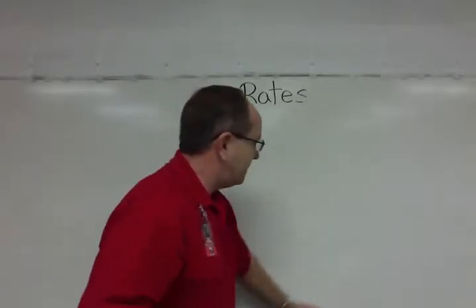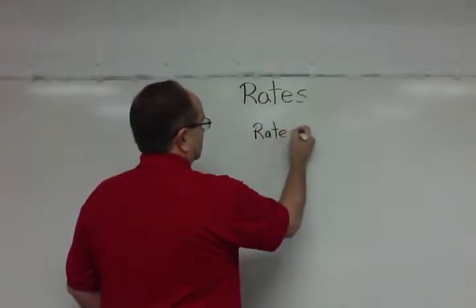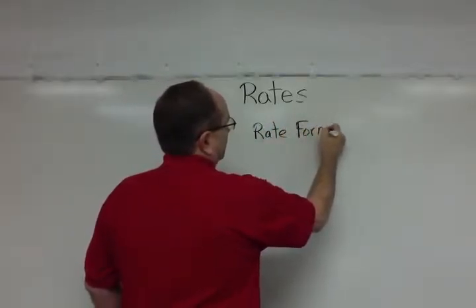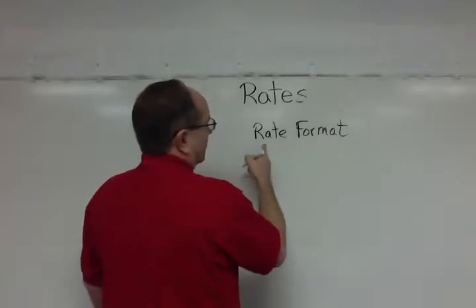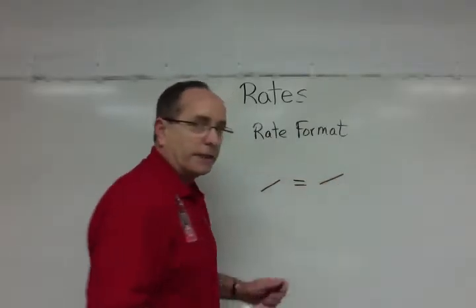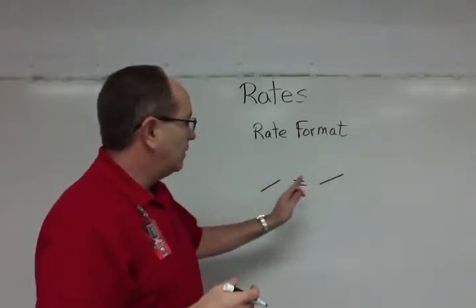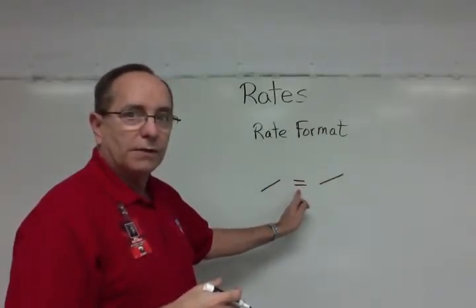So we'll take a step back here and look at what we call this rate format. And we'll give other examples here. A rate format is this look. Every time I'm going to have two fractions that are equal to each other, or equivalent fractions.